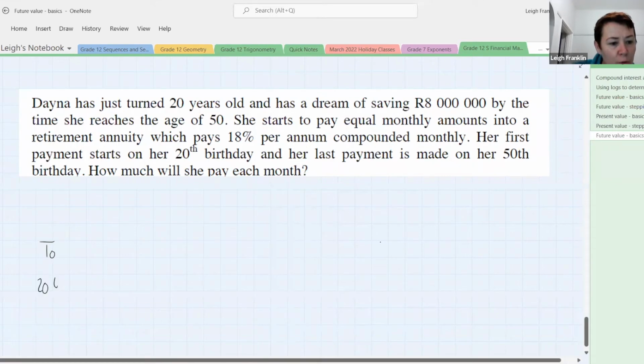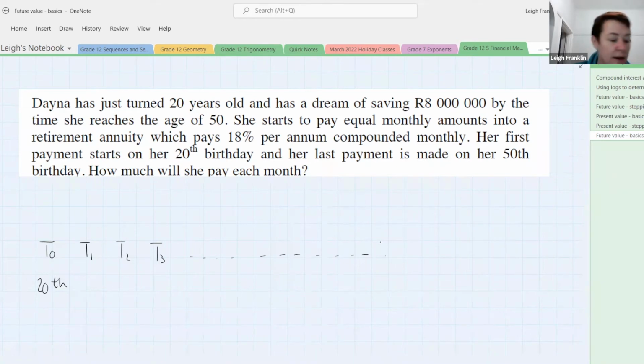Then we've got T1, T2, T3, and so it goes all the way down until we get to her 50th birthday, which would be 358, 359, T360. So 360 months later, on her 50th birthday, she wants to have 8 million Rand.